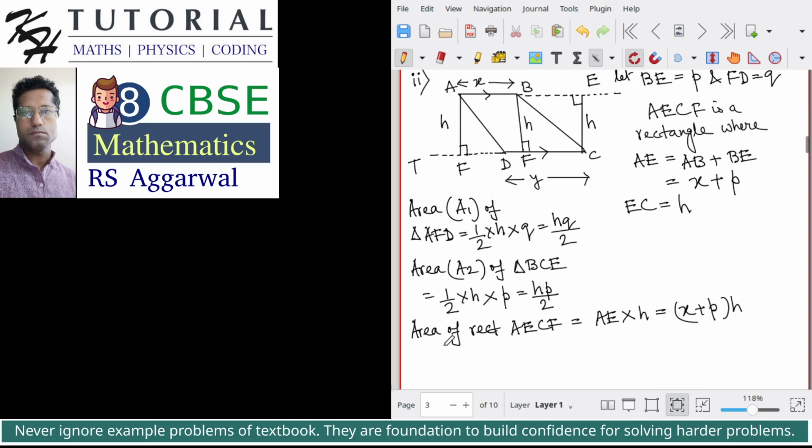Now, let's say the area of the rectangle be A3.